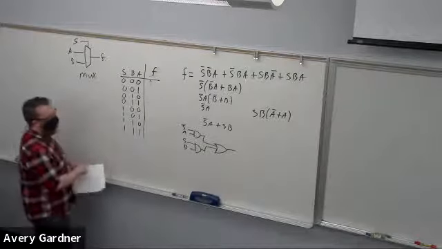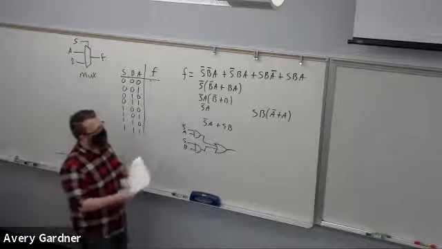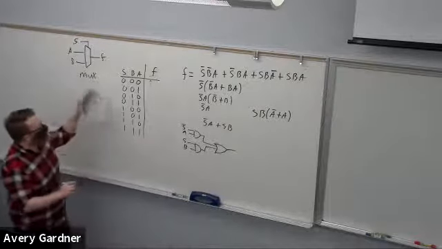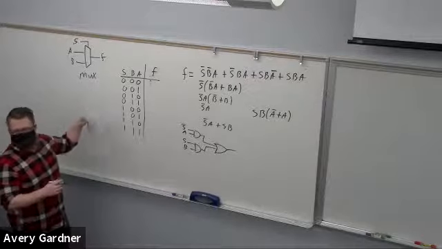The book likes to point out, and you'll probably see this again, an alternative truth table for this. Where only one changes, right?